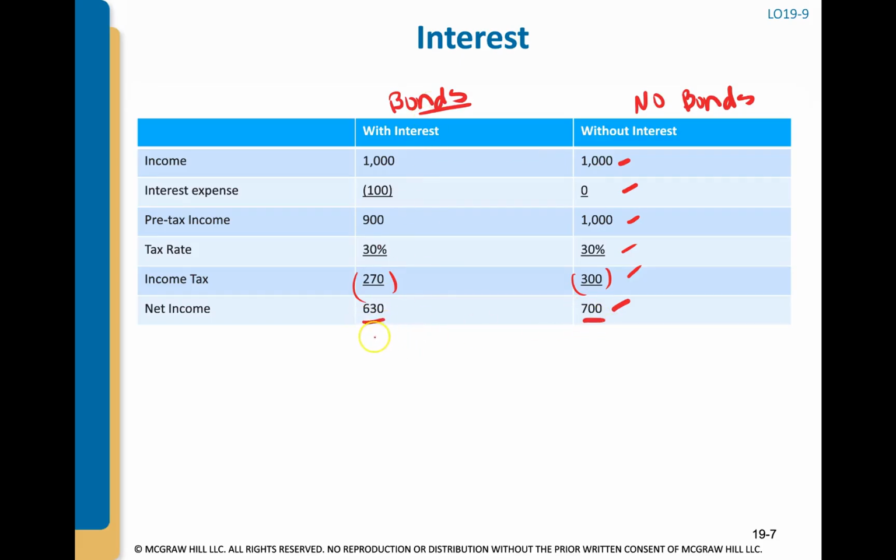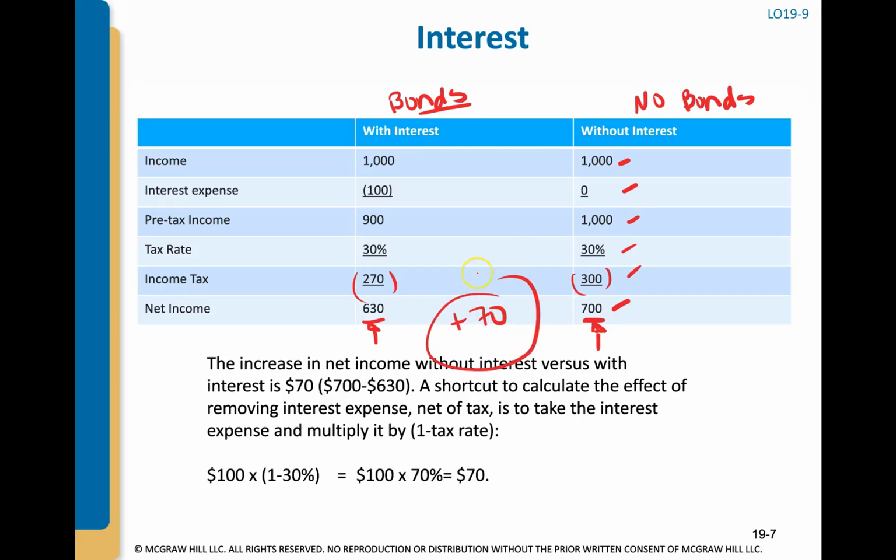So if I had bonds, my net income would be 630. If I had no bonds, my net income increases to 700. So my net income has essentially increased by $70.